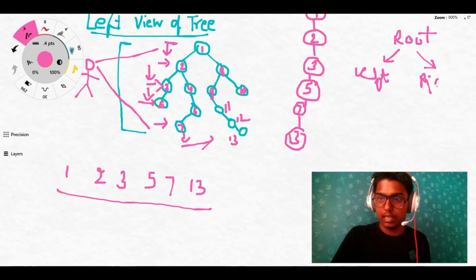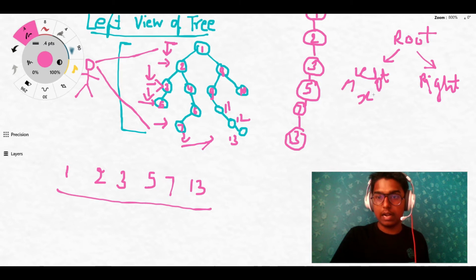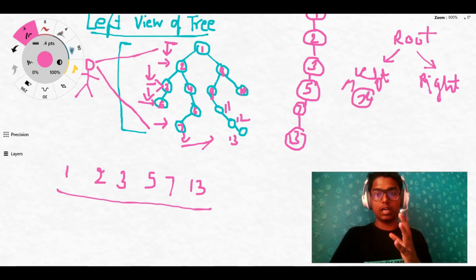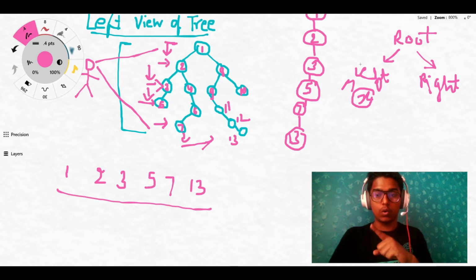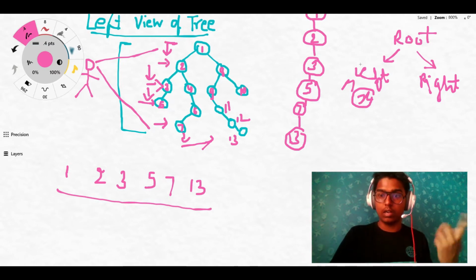Then if at any height x I have already encountered a value earlier, then it will be the first value, because I have gone to that value earlier, right?